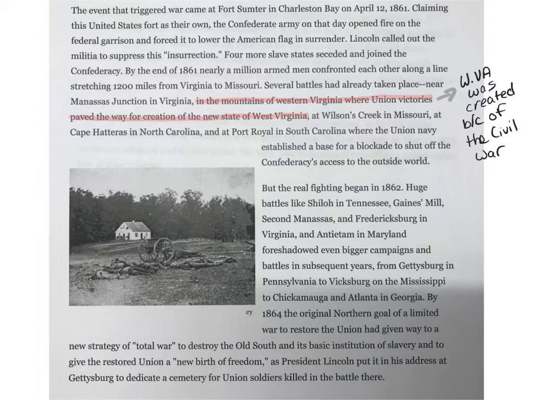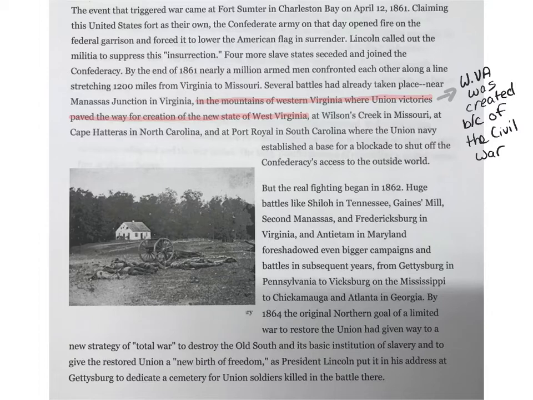Continuing on. But the real fighting began in 1862. Huge battles like Shiloh in Tennessee, Gaines Mill, Second Manassas, and Fredericksburg in Virginia, and Antietam in Maryland foreshadowed even bigger campaigns and battles in subsequent years, from Gettysburg in Pennsylvania to Vicksburg on the Mississippi to Chickamauga and Atlanta in Georgia.